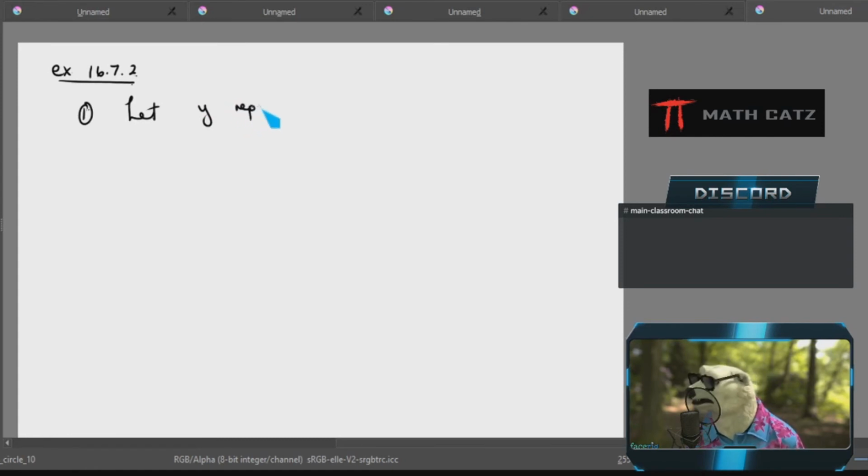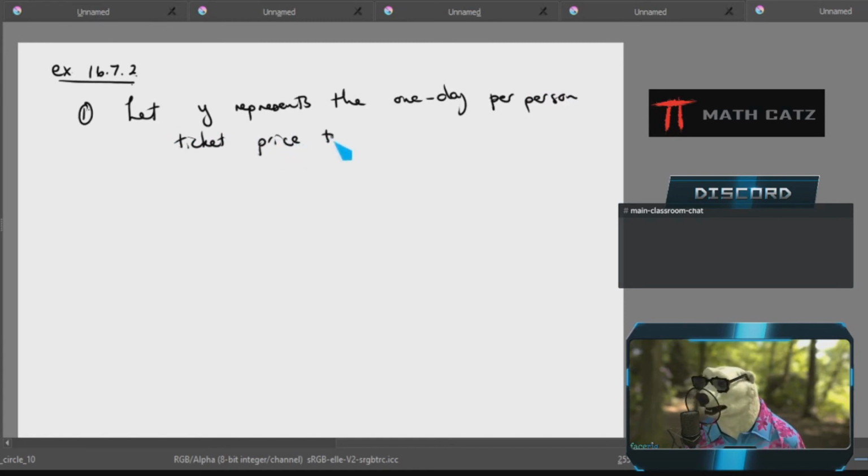Y represents the one day per person ticket price to Air Park. Take the extra few seconds and be very clear in what your variable represents.